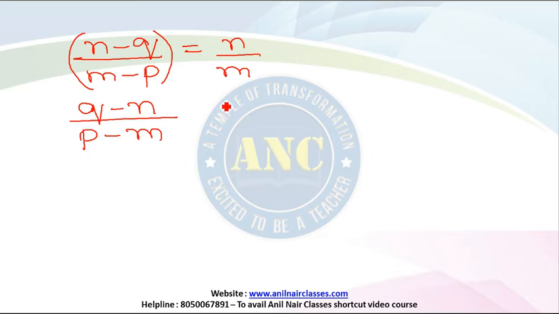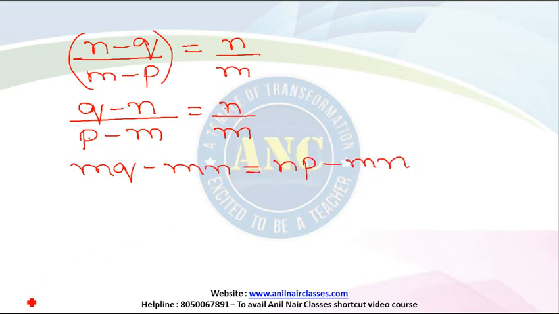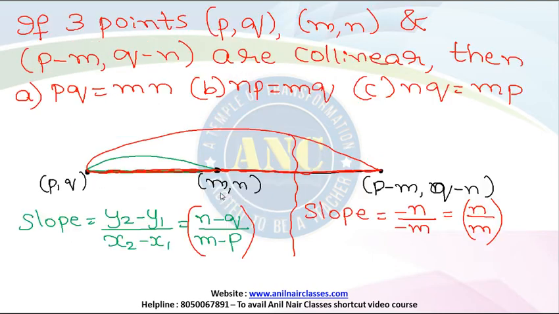I took a negative common factor in both numerator and denominator and cancelled that negative. Why did I do like this? Cross multiply and simplify. This is mq minus mn equal to np minus mn. Left hand side negative mn will cancel with right hand side negative mn. You are left with mq is equal to np. This is the condition if these 3 points which are given in the question have to be collinear. Answer for this question is mq is equal to np, which is my option B.